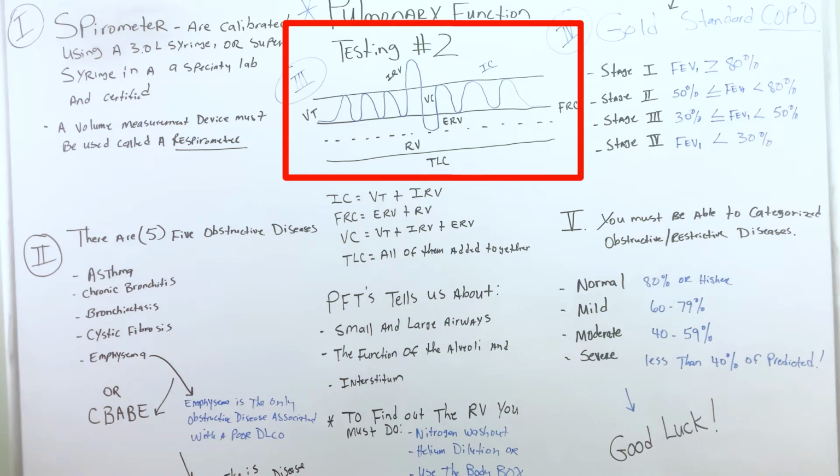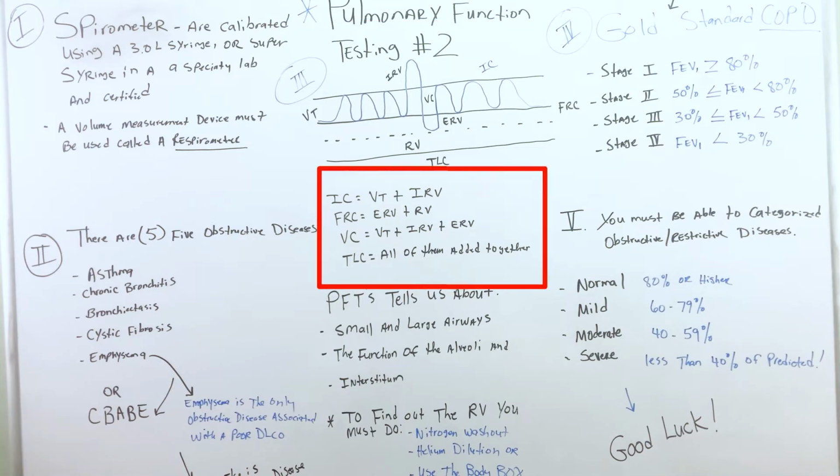If you add all of these up, then you get the total lung capacity, or your TLC. Now, the inspiratory capacity, this is what you have to know on the test, the IC, or inspiratory capacity, equals your tidal volume plus your inspiratory reserve volume. Tidal volume plus your IRV.